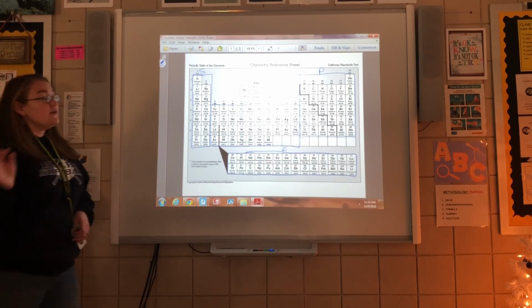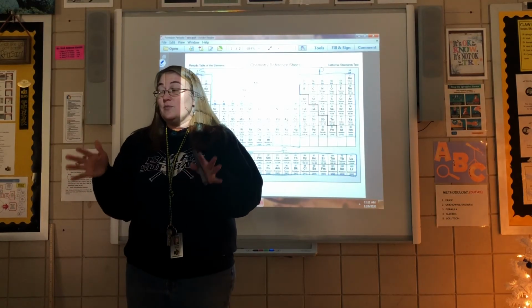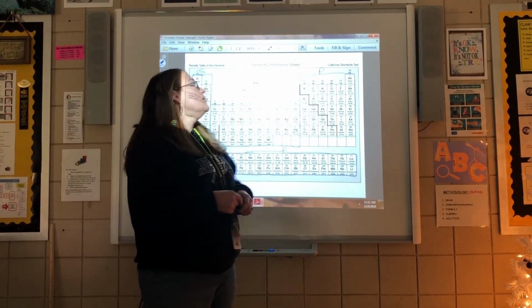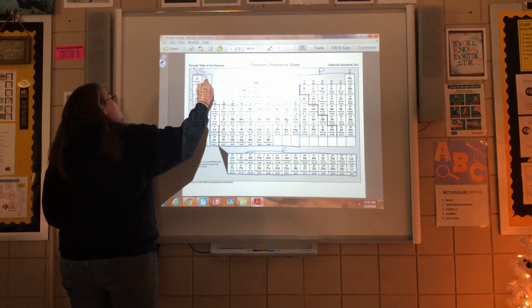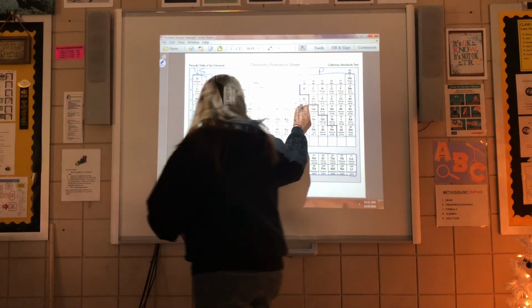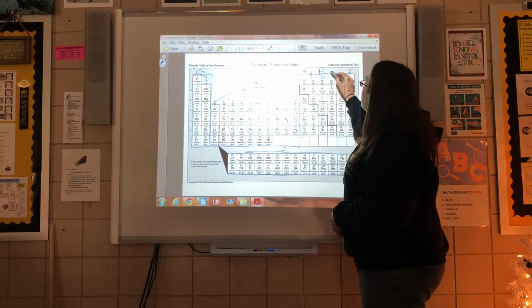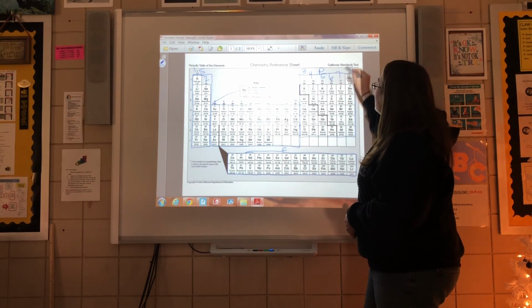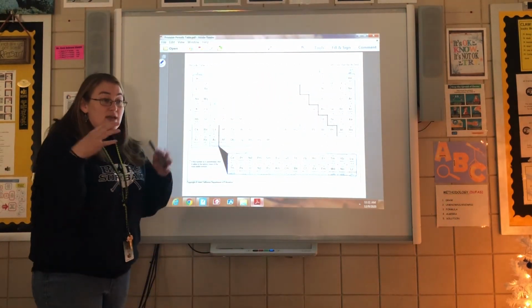All right, so another thing, because periodic, I taught you in 8th grade, periodic table is all about patterns. My valence electrons, this column has 1, this column has 2. We skip the D, 3, 4, 5, 6, 7, 8 as far as valence electrons. That's what those dots represent on those outer level electrons.